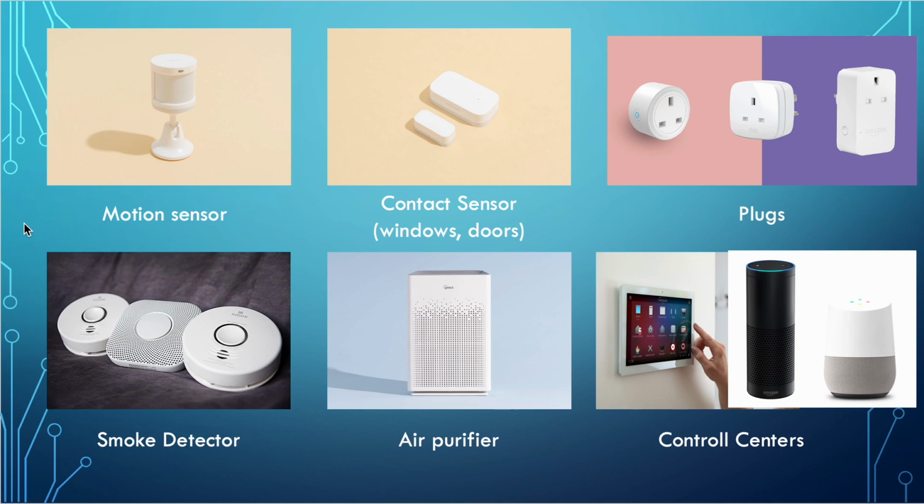Motion sensors can be fixed near doors or windows to see if trespassing takes place. If somebody who's unauthorized comes in, motion sensors will detect that movement, and through the network, through the internet, can warn the necessary parties.